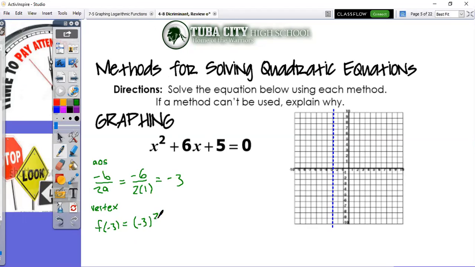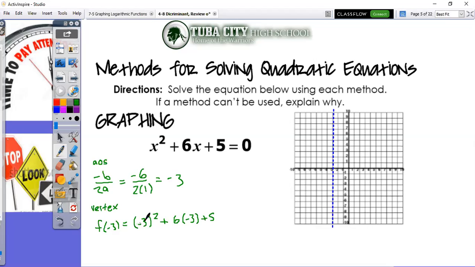So negative 3 squared plus, in this case I just need 6 times negative 3 plus 5. And then we evaluate this, and this should be the y coordinate for our vertex.